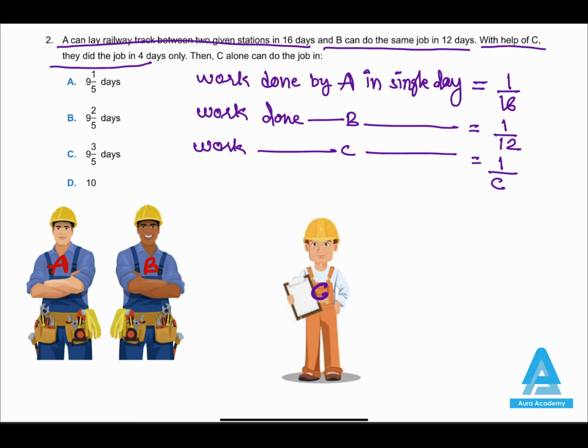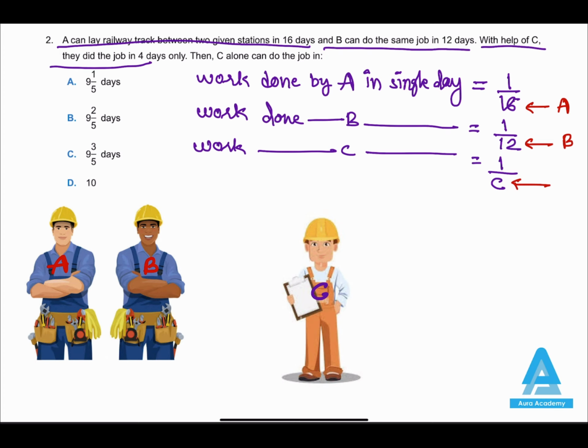A is able to complete that in 16 days, B in 12 days. Now we need to find out how many days C is going to take. Whatever value of C is going to be there, that is going to be our answer.